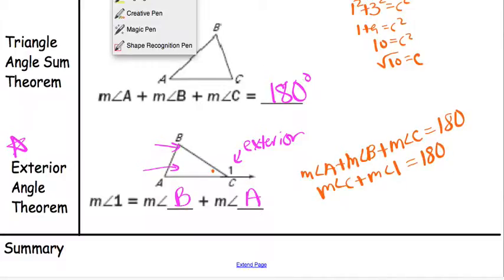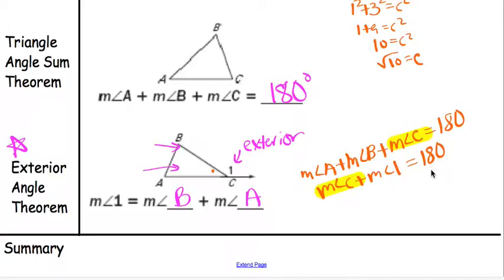So if you see that each of these statements contain the measure of angle C, then you can see that C plus 1 is 180. So 1 and the measures of A and B must be the same, because when you add the same thing to them, you get the same amount.